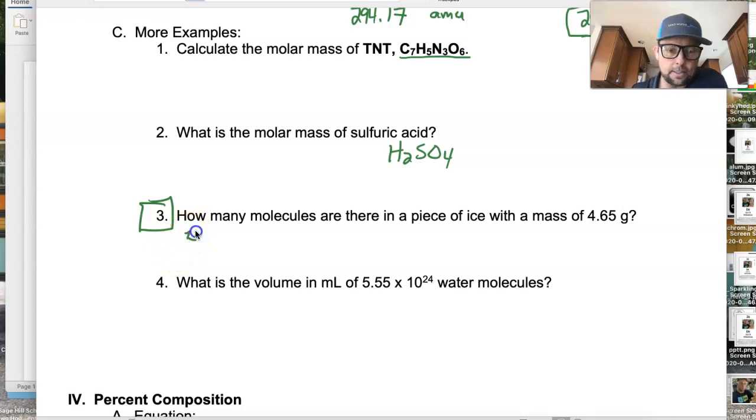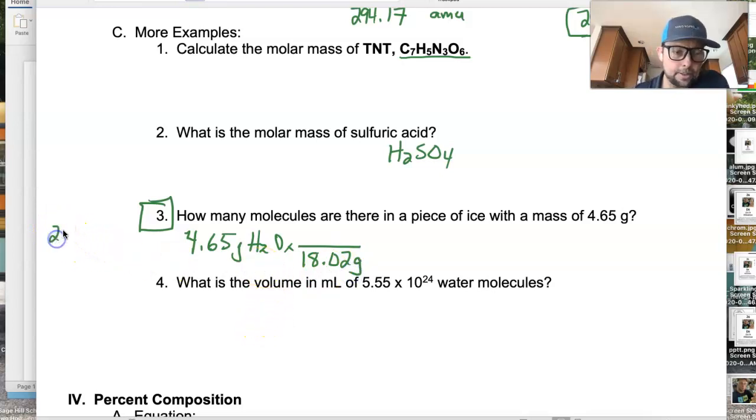So ice, of course, is water frozen, 4.65 grams of H2O. Then we're going to say for every 18.02 grams. Well, how did I get 18.02 grams?